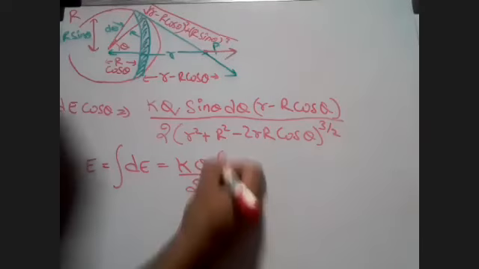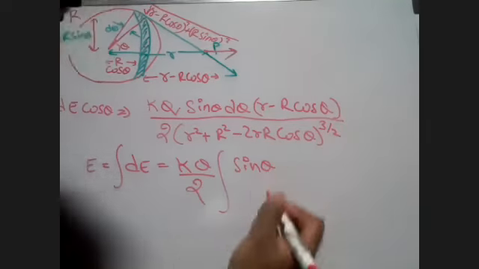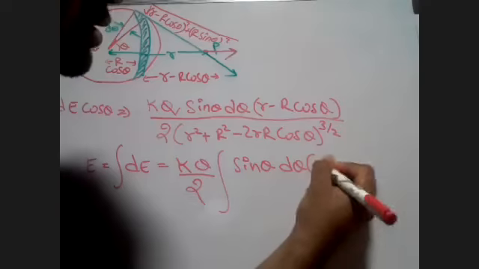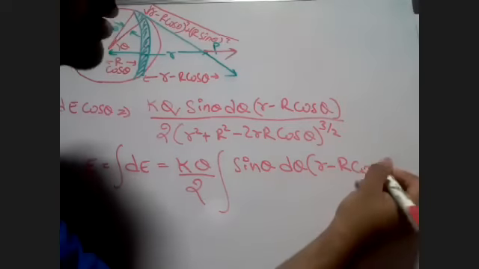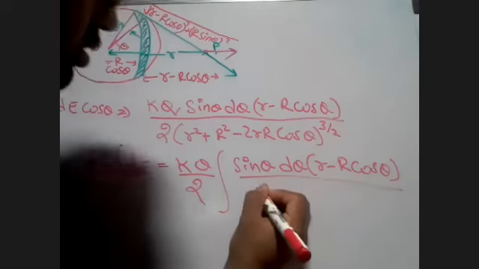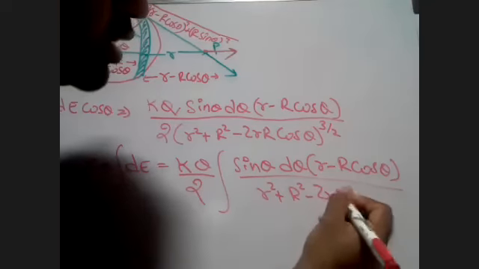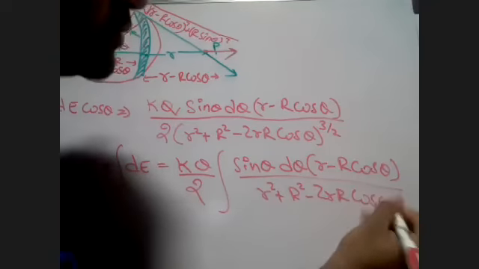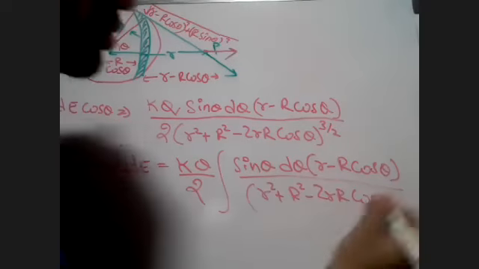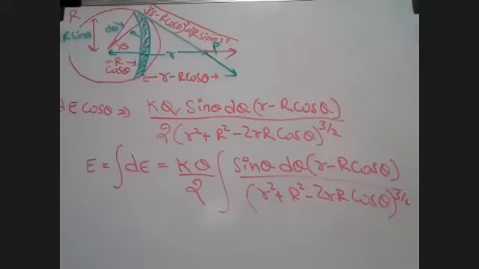So I can directly write integration of sin theta d theta, r minus R cos theta, whole upon r square plus capital R square minus 2rR cos theta, whole raised to 3 by 2.